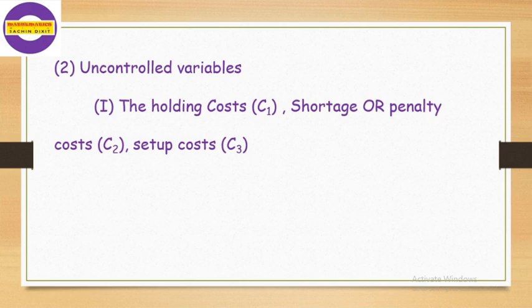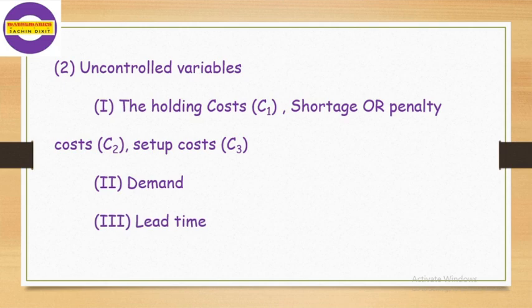Then next one is demand. The number of items required per period is not necessarily the amount sold, because some demand may go unfilled because of shortages or delays. The demand pattern of items may be either deterministic or probabilistic.